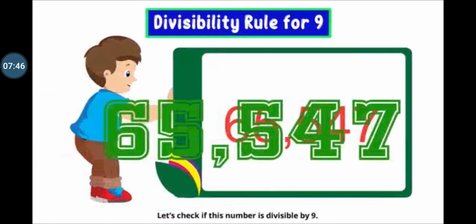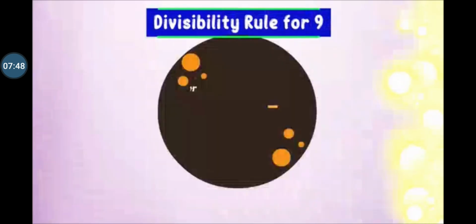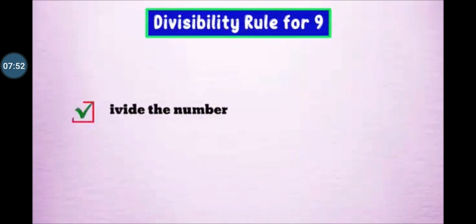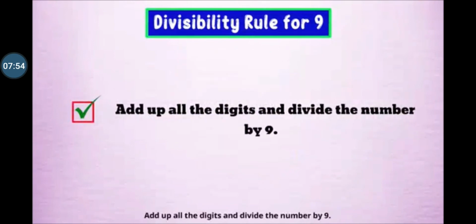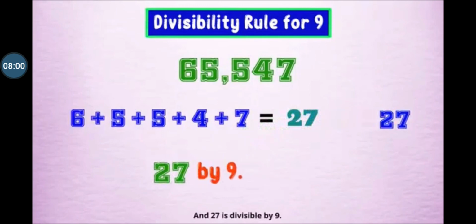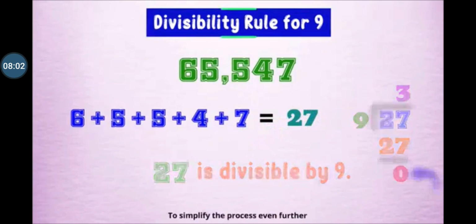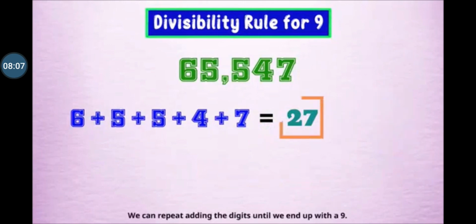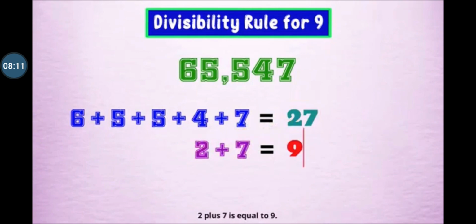Look at the divisibility rule for 9. We have to add up all the digits and divide by 9. Yes, 27 is divisible by 9. So it means this number is divisible by 9.